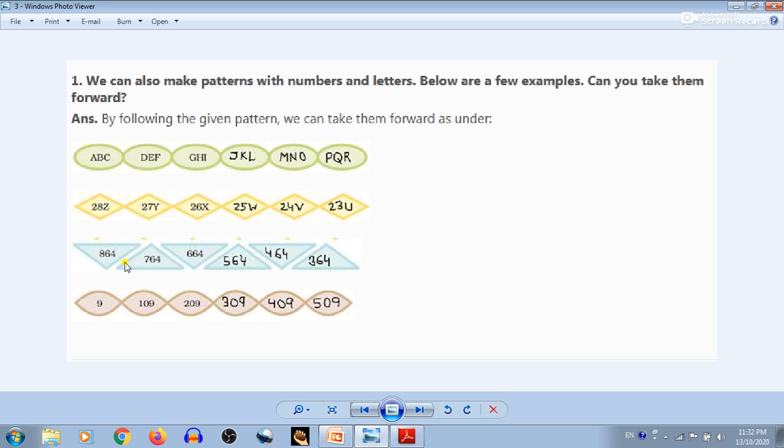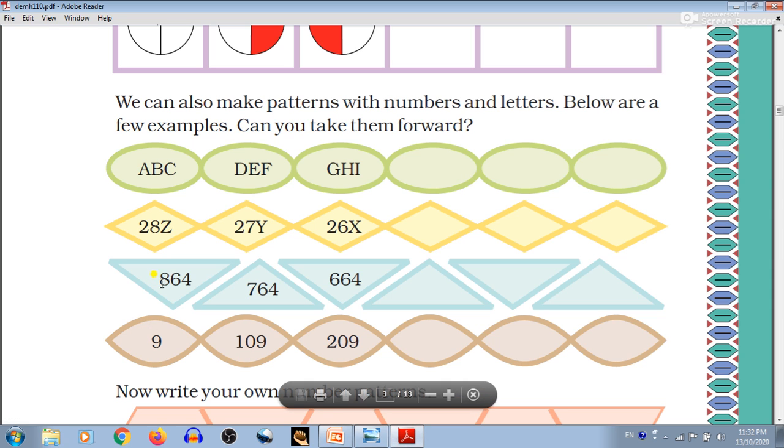Similarly, coming to this pattern, you see 864, 764, 664. The first digit of the number is changing and it is decreasing: 8 becoming 7, then becoming 6. It means it is decreasing by 1.